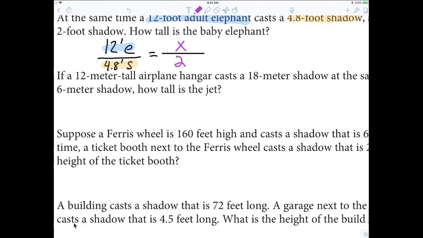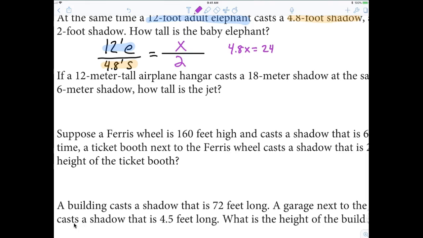Now that you have your proportion, it's what we did yesterday. We're going to cross multiply and divide. I would prefer that when you cross multiply, you say 4.8x is equal to 24. Does everybody see that?